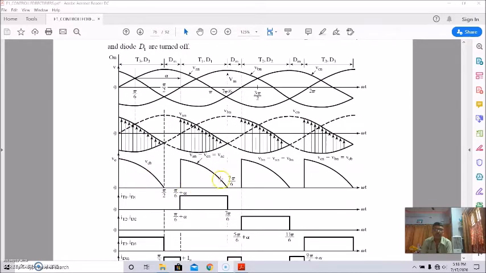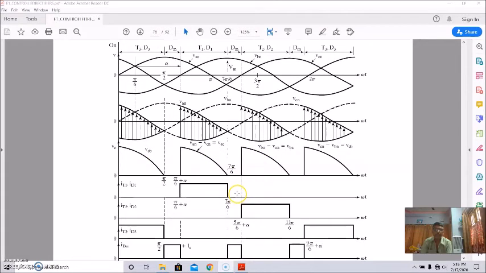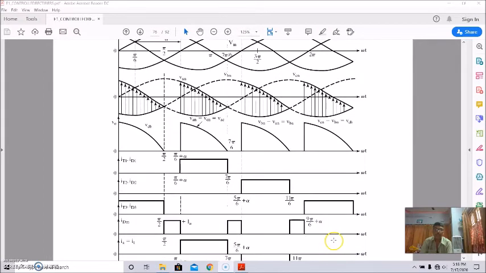This is the current through thyristor 1 and diode 1, IT1 and ID1, and this is for IT2 and ID2, thyristor 2 and diode 2, and this is thyristor 3 and diode 3. And this is the freewheeling diode current.